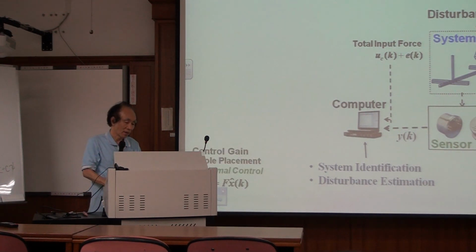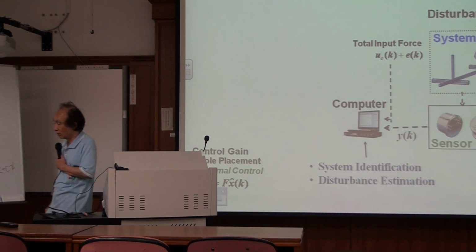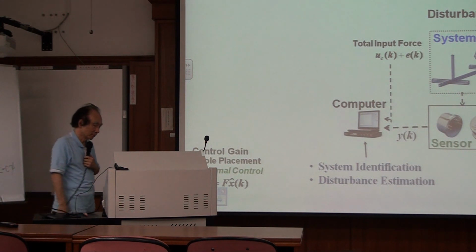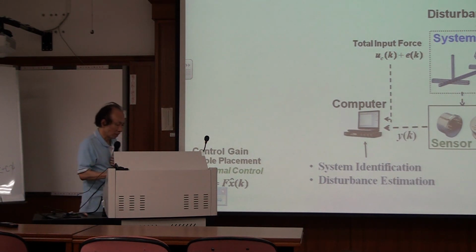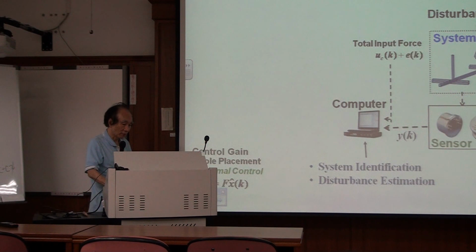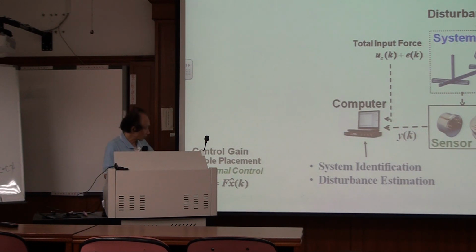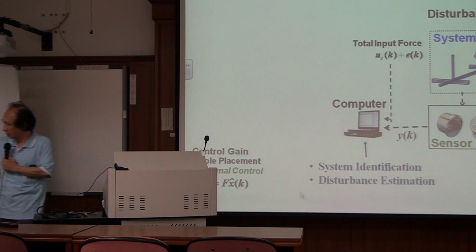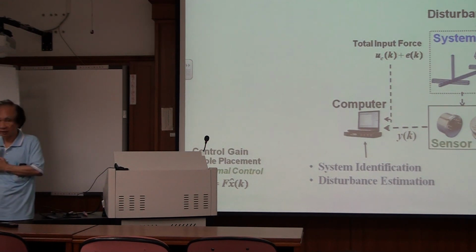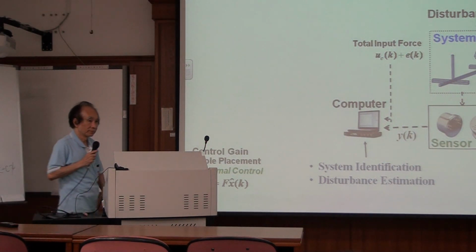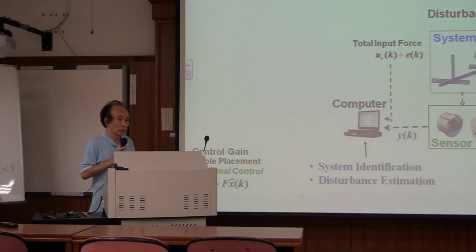All right. So far, we did not talk about system ID. But here, you've got to be careful. So far, we learned two feedback methods: one is pole placement, one is optimal control. For pole placement and optimal control, we always assume we know A, B, C, and D. Agree? We assume we know that.